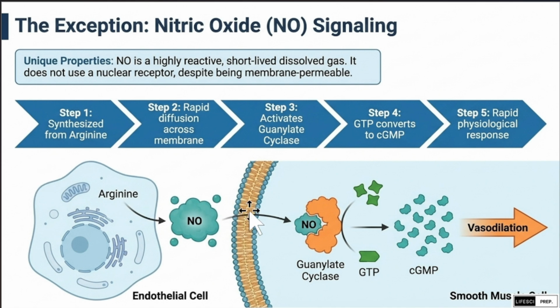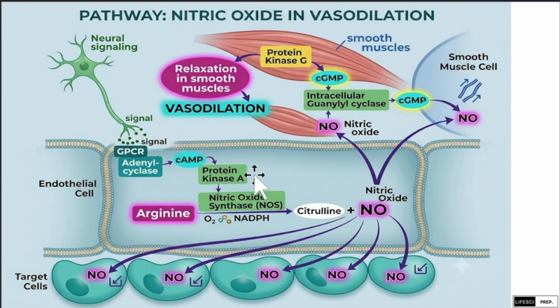This is the visual I have shown here, but in brief explanation, through neural signaling, the signal, GPCR, activates adenylyl cyclase, which causes cAMP activation, protein kinase A activation, and protein kinase A activates NOS, nitric oxide synthase, which turns arginine to citrulline plus nitric oxide.